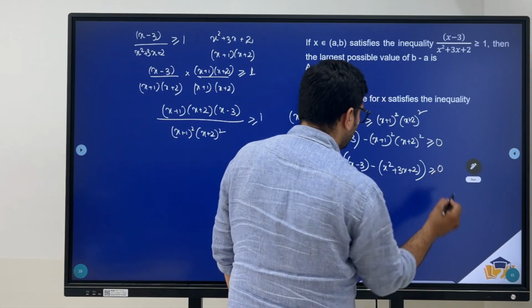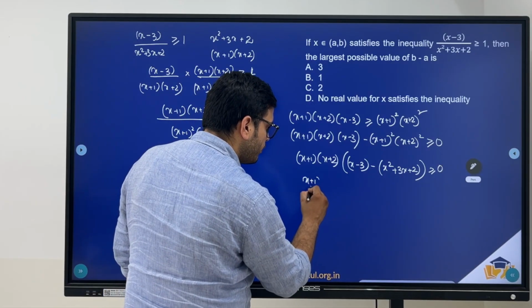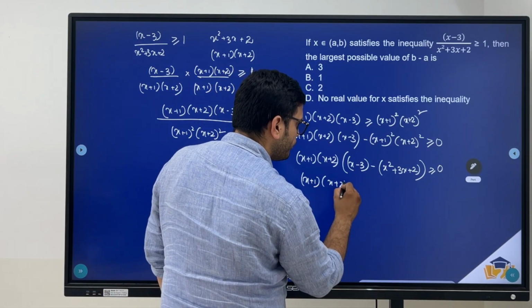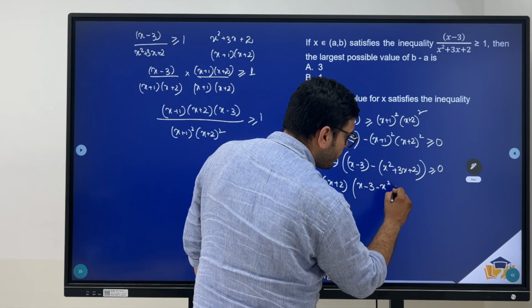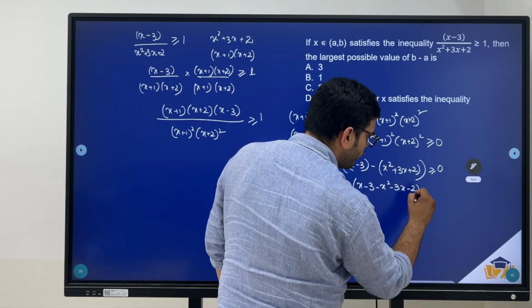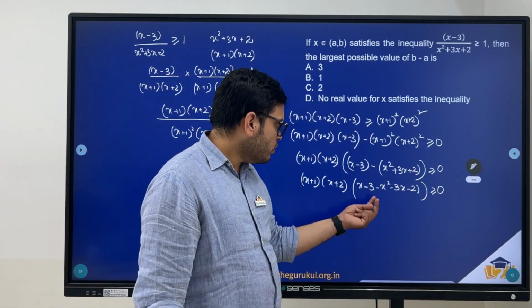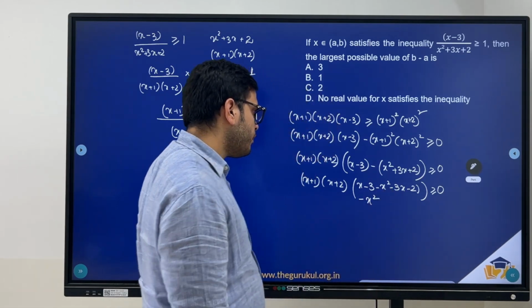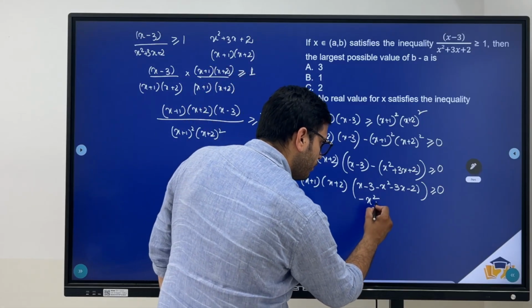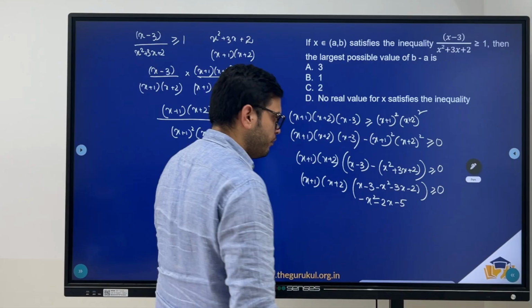Now this should be greater than or equal to 0. So this would be (x plus 1) into (x plus 2). Then what do we have? x minus 3 minus x square minus 3x minus 2 greater than or equal to 0. So this would be minus x square, then minus 2x minus 5.